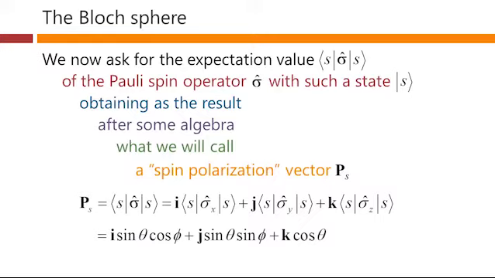But the result of all of this would be the following. So with our definitions of theta and phi in our choice of the way that we are writing the spin state, this spin polarization vector would be a vector with a component sine theta cos phi in the x direction, sine theta sine phi in the y direction, and cos theta in the z direction.